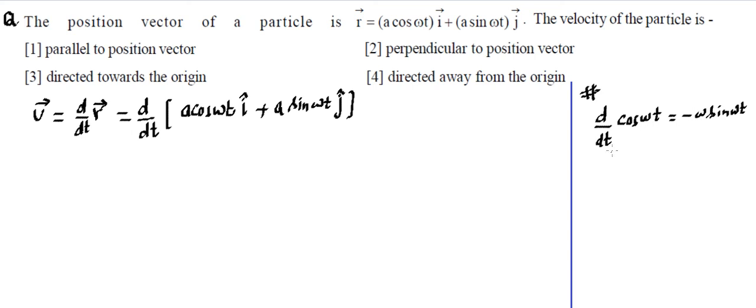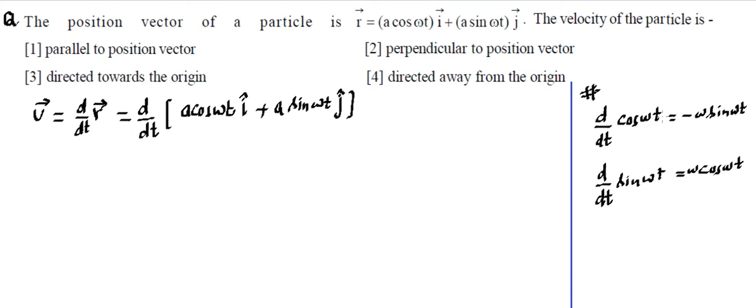Similarly, d upon dt of sin omega t, sin gets converted into cos with a plus sign, so it becomes cos omega t, and the factor associated with t, omega, is written outside. These are the rules of differentiation that we are going to use.